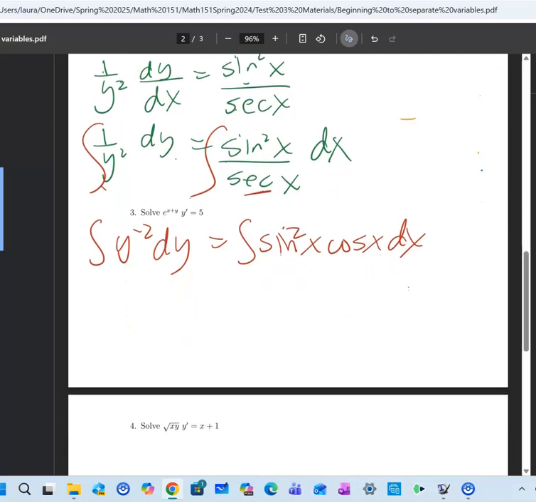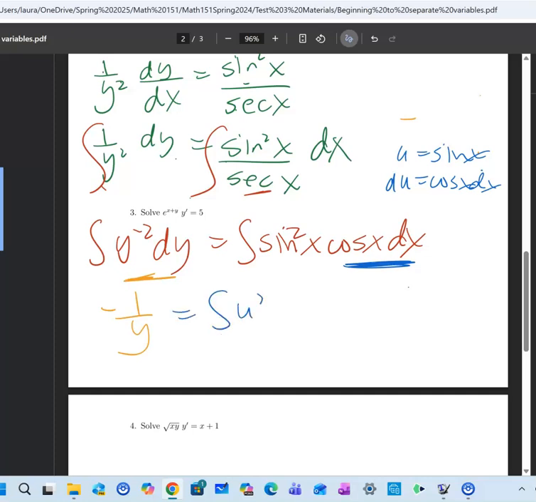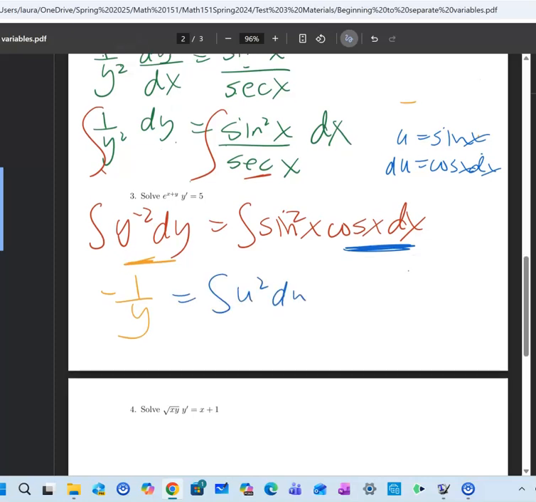It is. Okay, so let's take the antiderivative of this side. So I'd get negative 1 over y. And then over here, oh, look at that. You see the good du. It's cosine of x dx. U is sine of x. Well, that's kind of nice. So it turns into just that.